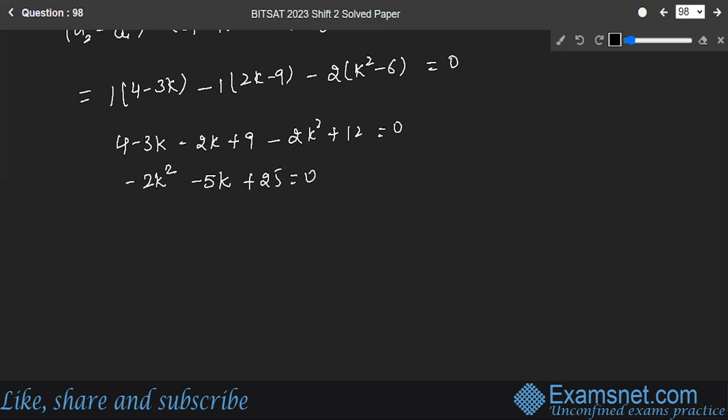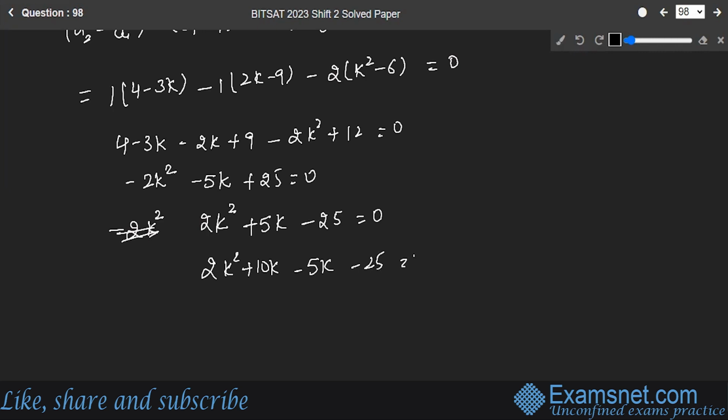Right, so first of all, let's multiply both the sides by minus. So 2k square plus 5k minus 25 is equal to 0. The two factors will be 10k minus 5k minus 25 is equal to 0. Or 2k will be taken common.